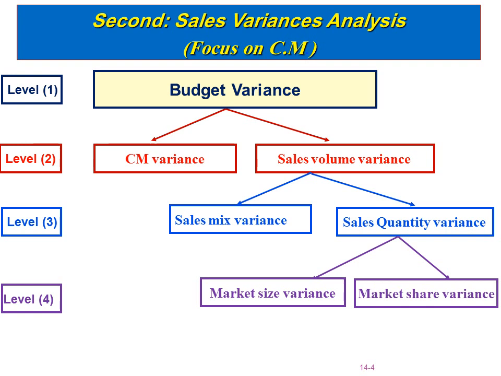So I speak about 7 kinds of variances: the budget, then contribution margin, volume, then we analyze volume into mix and quantity, and then we reanalyze quantity into market size and market share.